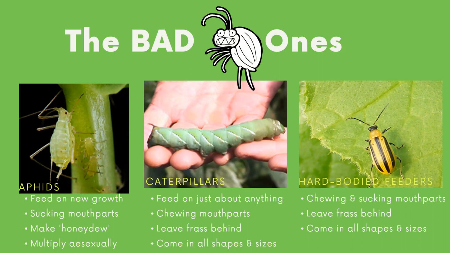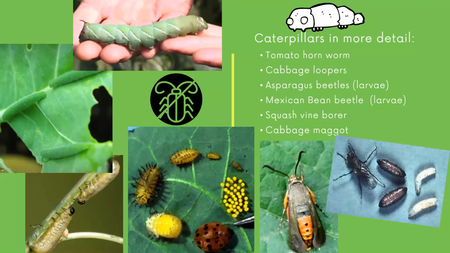Okay, so moving forward. So some more detail about some caterpillars that we have in our area. There's the tomato hornworm up at the top of the screen. We talked in good length about him. Cabbage loopers are just to the left there, and if you notice, they're about the exact same color as the cabbage leaf.